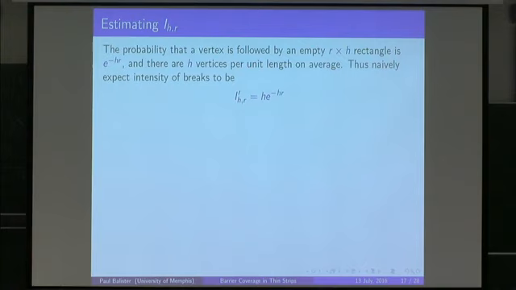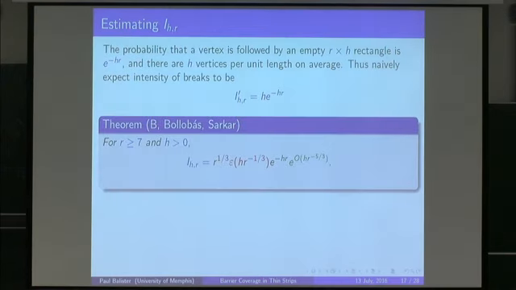As I said before, there are H vertices per unit length because it's a Poisson process of intensity 1 and the height of the strip is H. Thus, if the vertical rectangular breaks were the only thing that mattered, the formula would be very simple: H e to the minus HR. So you just plug that into the previous formula and we're happy and everything's working. Well, this is a lower bound because there are other types of breaks. So what is the result?